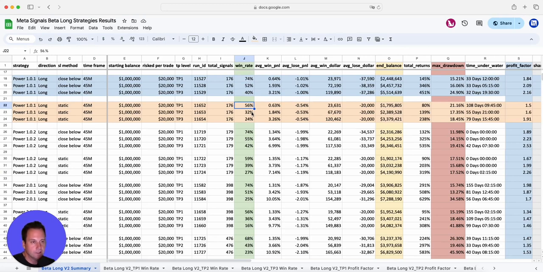The key difference is that, of course, with the static method, you know going into the trade, your maximum risk is $20,000. You can't lose more. With the close below method, there's no way of knowing your precise loss going into the trade because you're waiting for that close below. On average, for this strategy, the losing trade was a $37,000 loss.